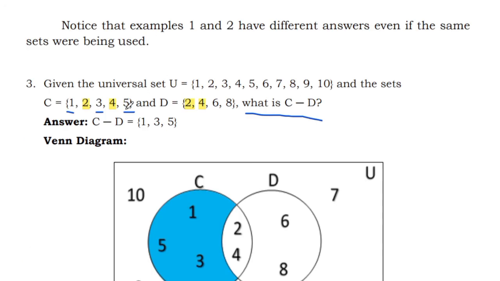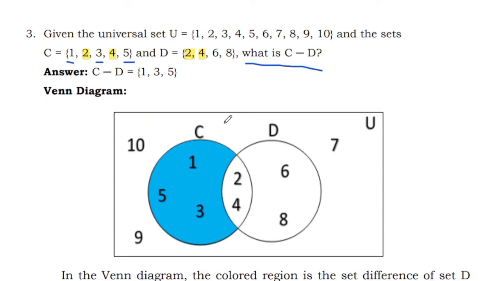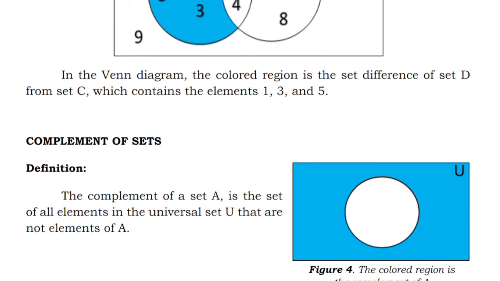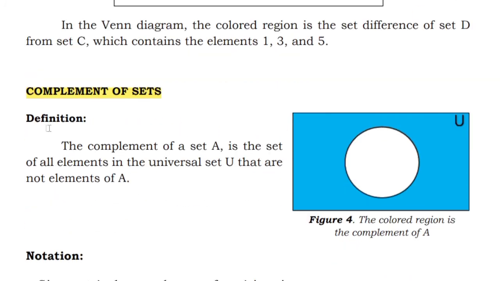Next, okay. I hope you understand this kind of explanation and how to deal with the difference of two given sets. Now let's proceed to the complement of sets. When we talk about the complement of a set, we have here the definition.